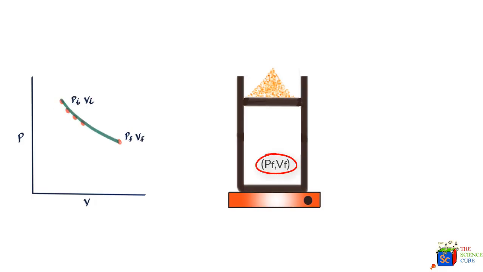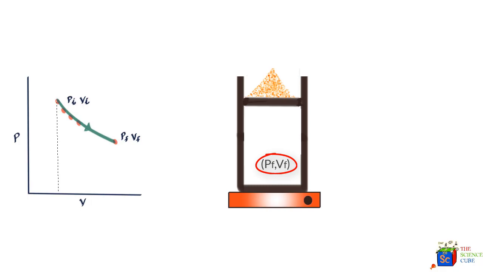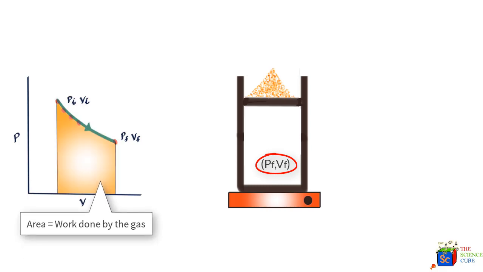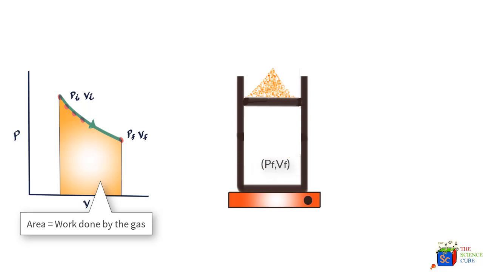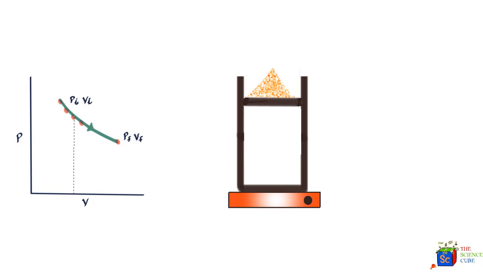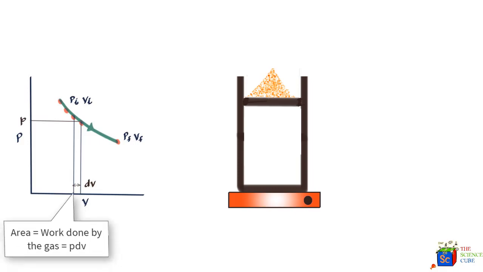So the area under this graph then gives the work done by the gas, and just to show that indeed the area under the graph is the work done, consider this change of state of gas between this point and this point where the volume changes by dV. Then since the change is very small, we assume that the pressure has not changed much, and let us say it is pressure P. Then the work done is P dV as we derived earlier.